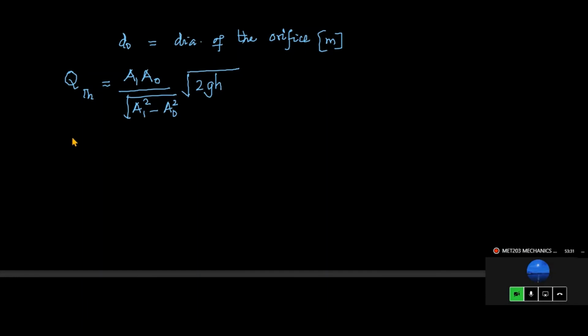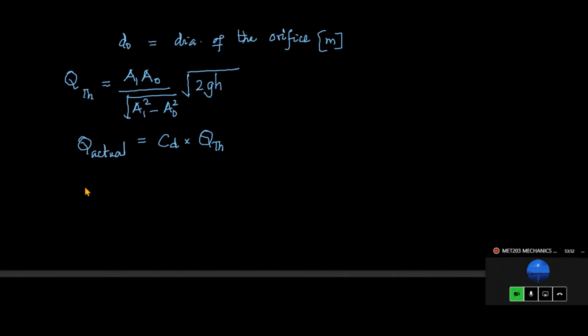And Q actual is the coefficient of discharge CD multiplied by Q theoretical. CD is the ratio of actual discharge to the theoretical discharge through the device.